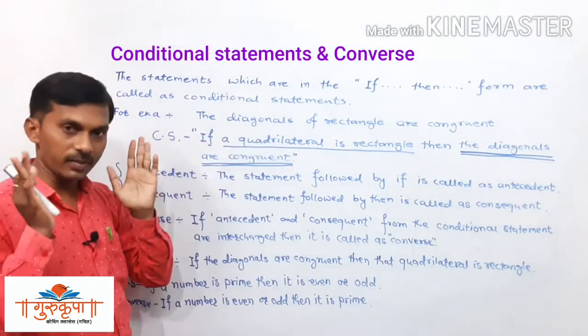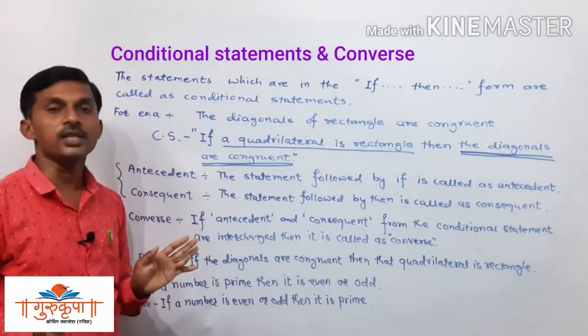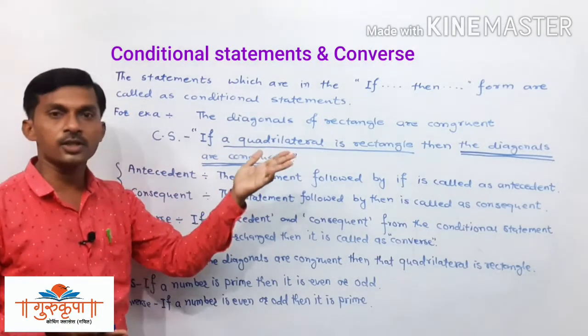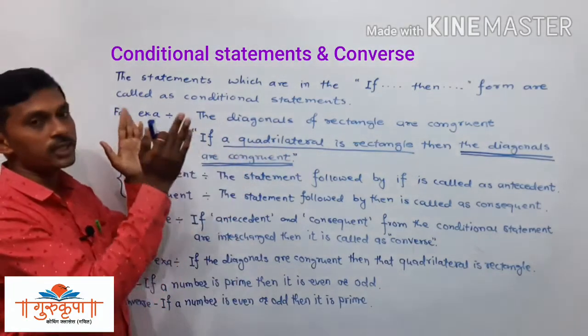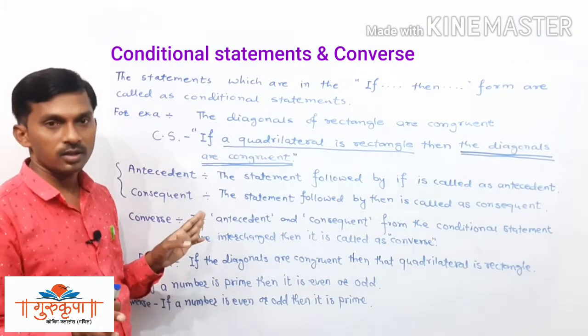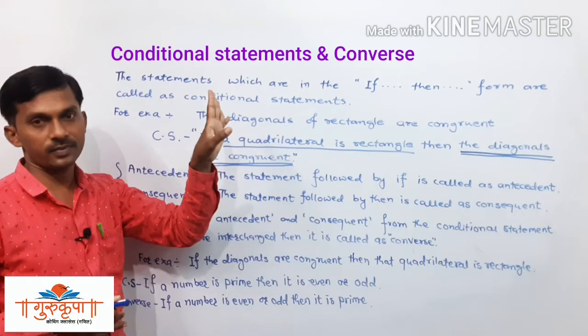Once again, I am repeating, this is a very important part, since while proving the theorems and properties, we have to use all these things. We can say it is the soul of geometry.